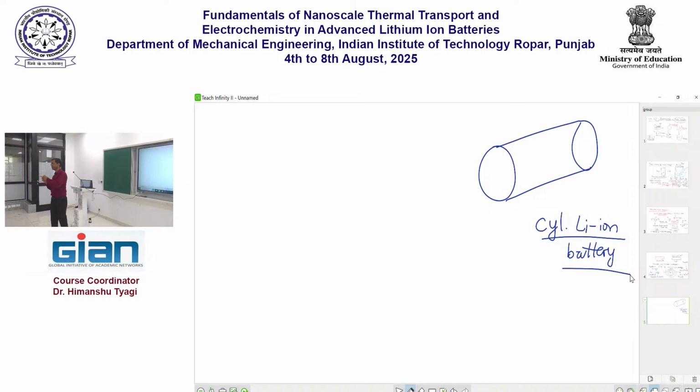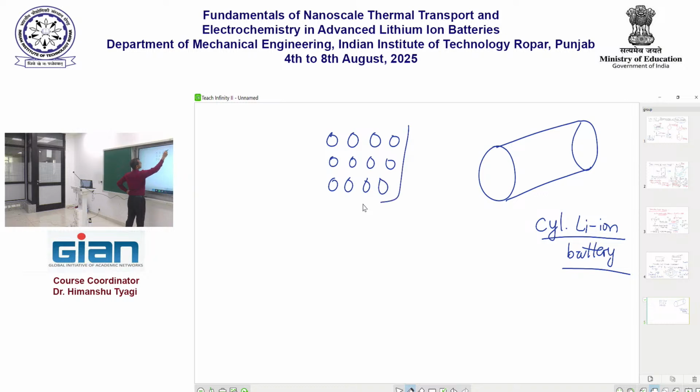Not just one, but hundreds, sometimes thousands of these single cells that are arranged sort of in a fashion like this. I'm drawing the cross section here.